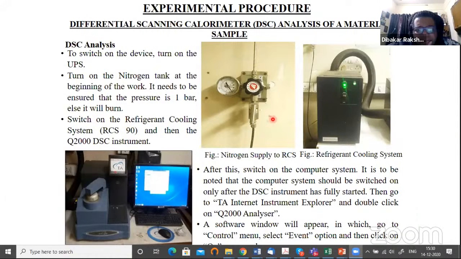The difference between thermal stability and reliability of PCM. Okay, good, very good question.